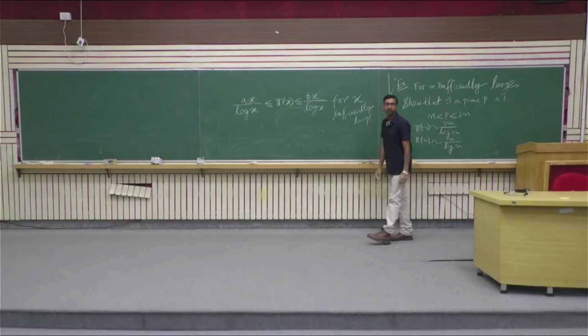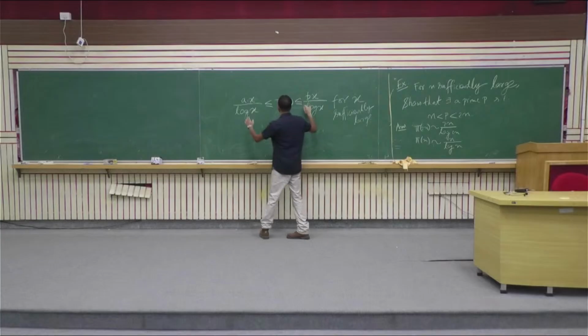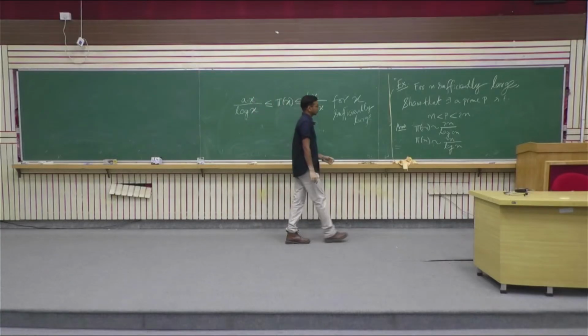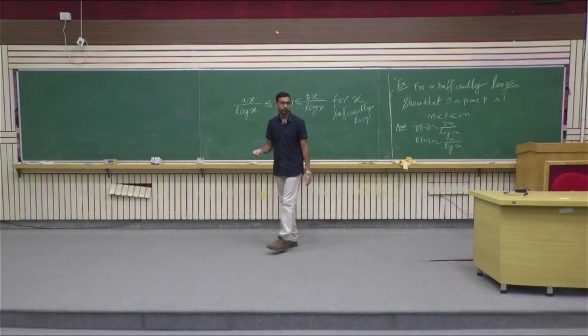We'll figure out what the relation between a and b is, which will allow us to conclude that pi of 2n minus pi of n is larger than 0.